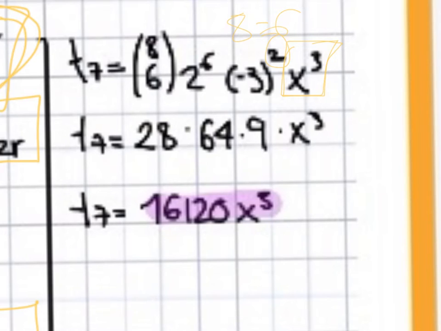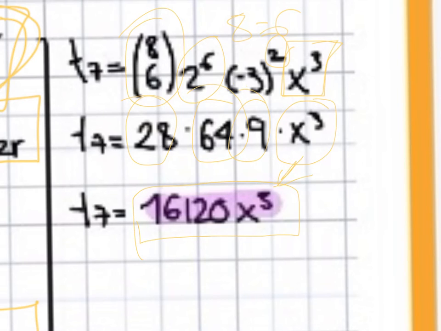And then in your calculator with the option and then probability, you will know that this is equal to 28. 2 to the power of 6 is 64, minus 3 to the power of 2 will be 9, and x to the power of 3. So then you multiply these values and they will give you this number, and it is x cubed. So this will be your answer. 120 will be your coefficient in the term 7 for the x cube.